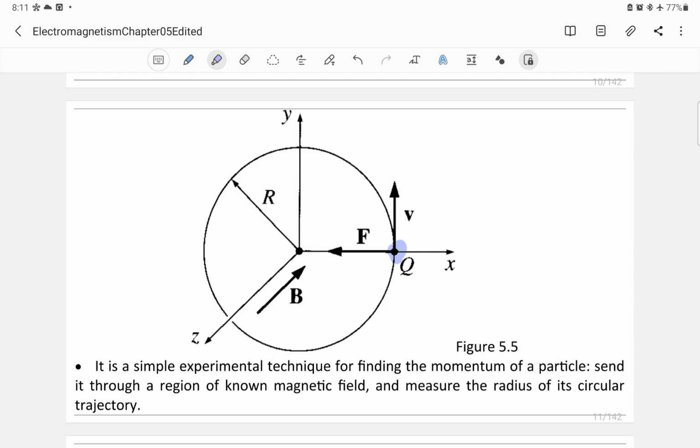That's why you have this. So if Q is 0, then force would be 0. So you should have a charge.